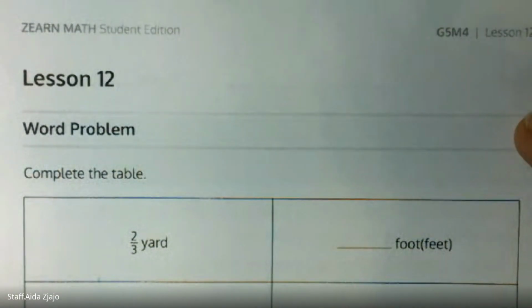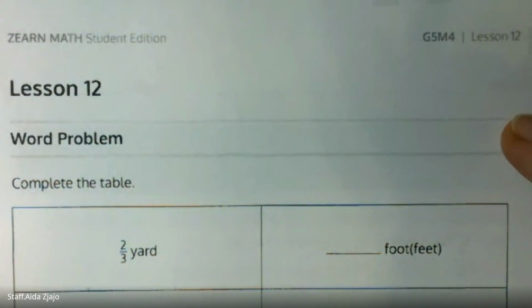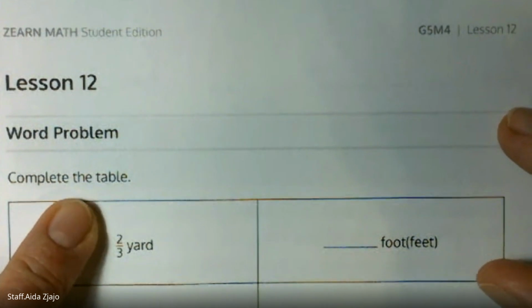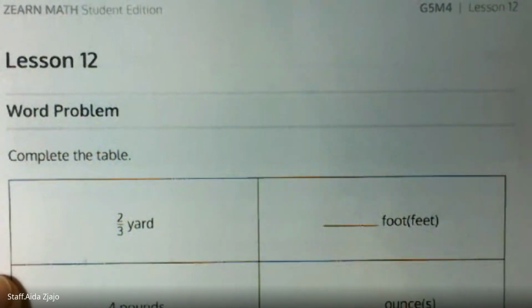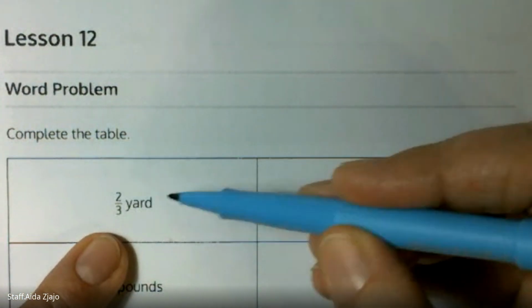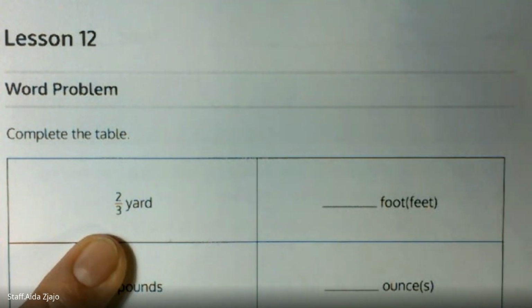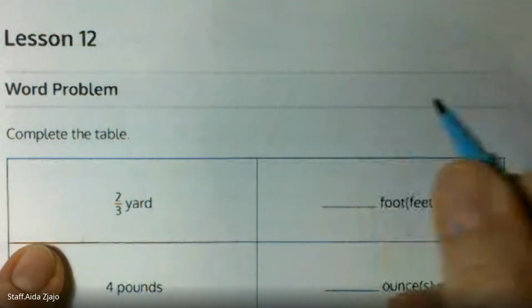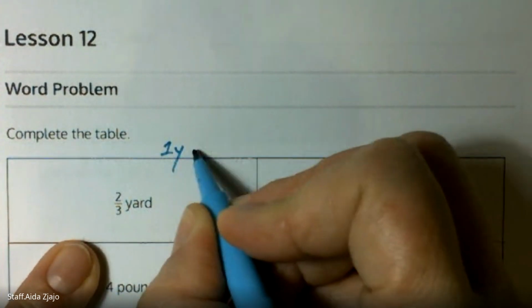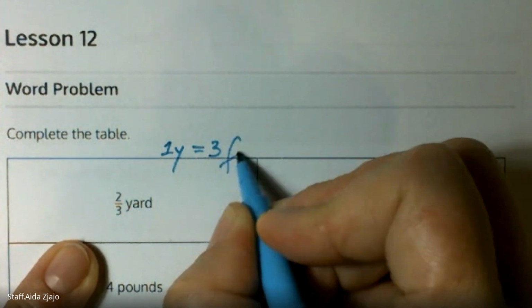Today we are working on lesson 12 word problem, and it says complete the table. So they ask us, what is 2 out of 3, 2/3 of a yard? In this case, we need to know that 1 yard is 3 feet.